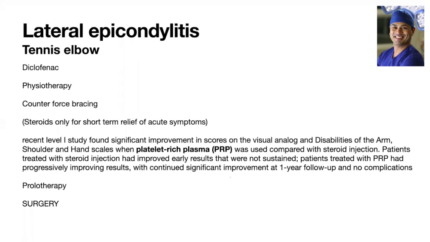Counterforce bracing, which is that tennis elbow strap, is not something that needs to be applied firmly. The point here is proprioception. All of you are sitting there right now and you're not looking at your feet, but you know where your feet are because your proprioceptive nervous system is telling you that your feet are on the ground.